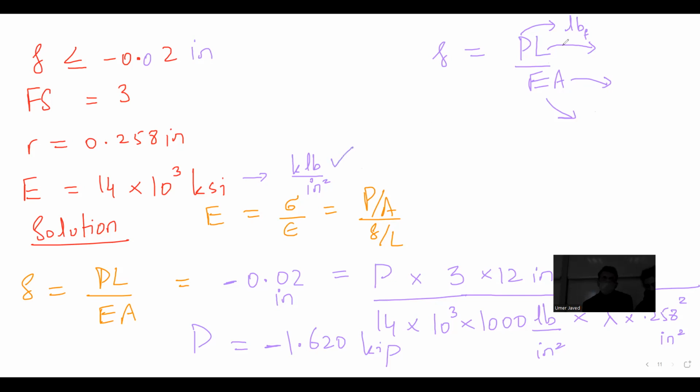This area is already given with radius 0.258 inches. So you will do pi r square, again inches. So inches done, pound force done. The only thing left is length. You have to be careful. What was the length, by the way? 3 feet.